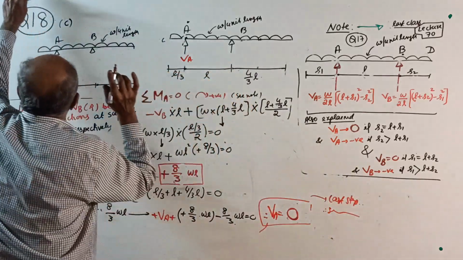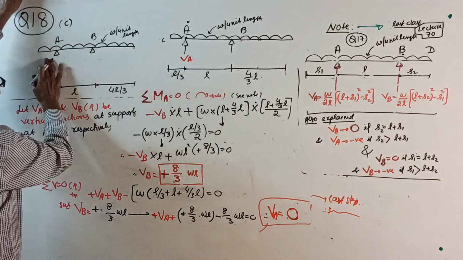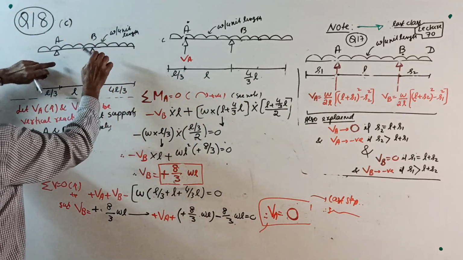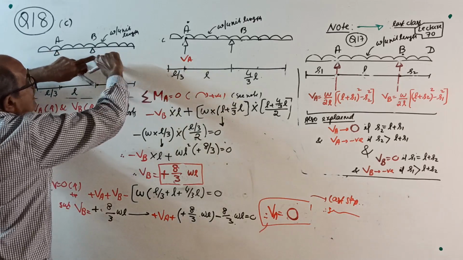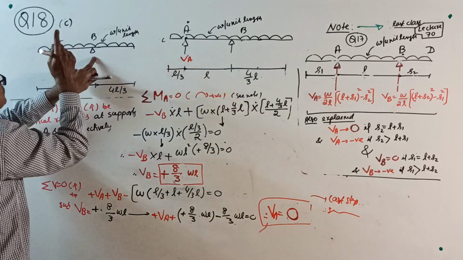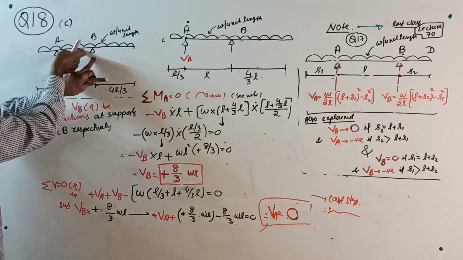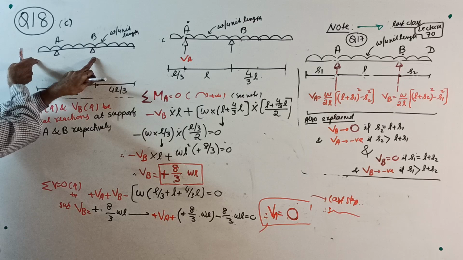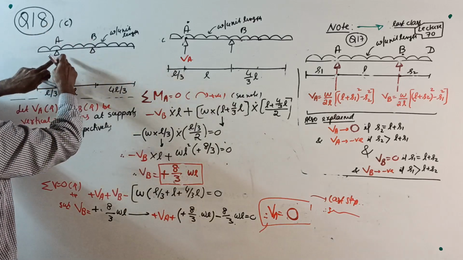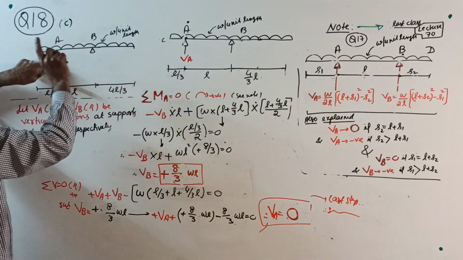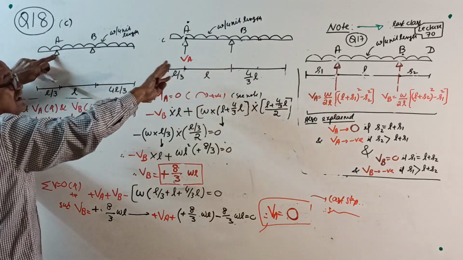One minute. I have set the question so that, see here, this right side overhang is equal to this span and this length. When I want VA, the troublemaker is the right overhang. The lifting effect is for the right overhang.